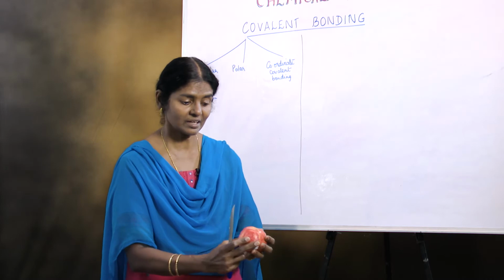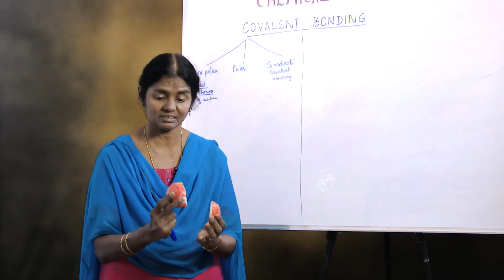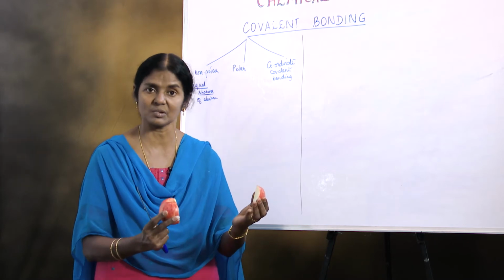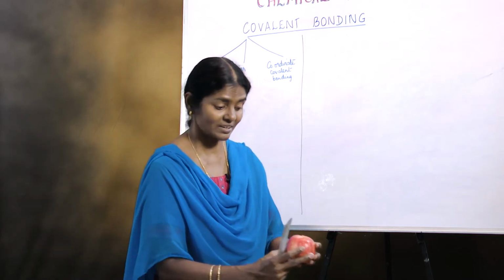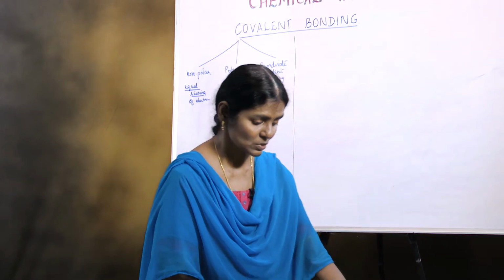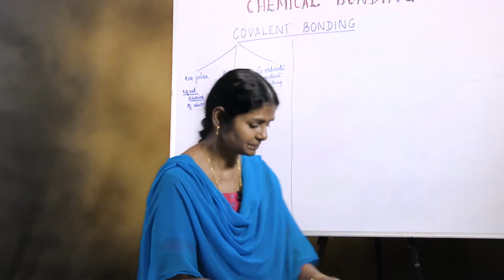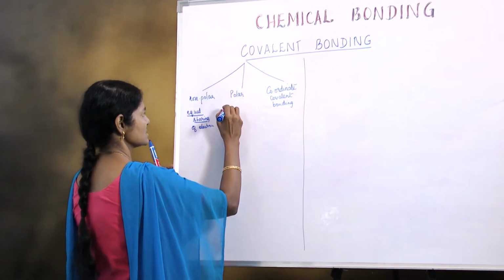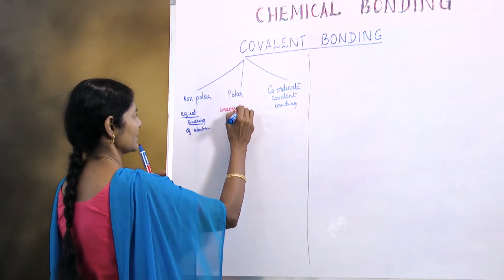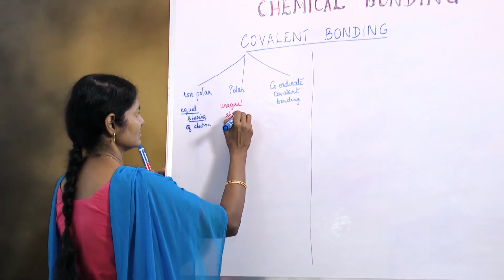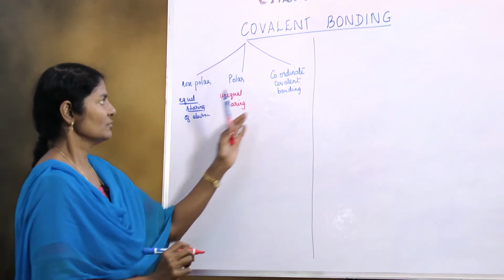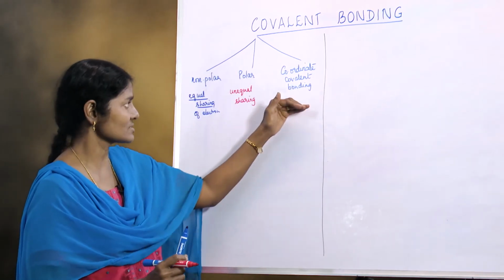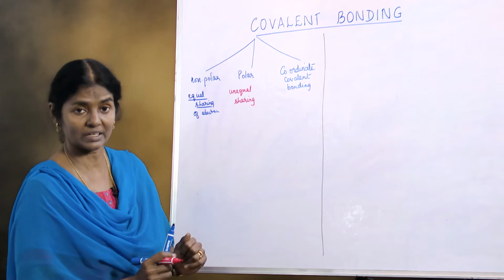See, there it was equal. Here the bigger piece is there and this is a smaller piece. This also is being shared, but it is shared unequally. So this would result in polar covalent bonding. So that means this is unequal sharing. We will come to this later, because sharing coming from one element is called coordinate covalent bonding.